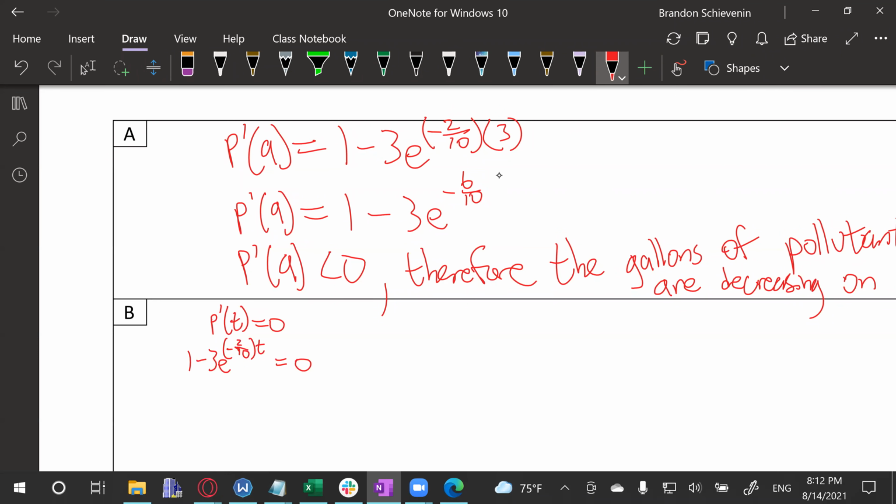So I'm looking to set this equal to 0. What can I do from here if I want to solve for t?